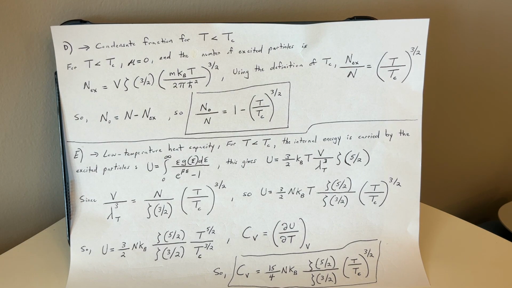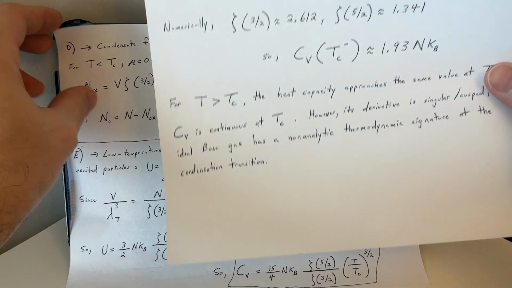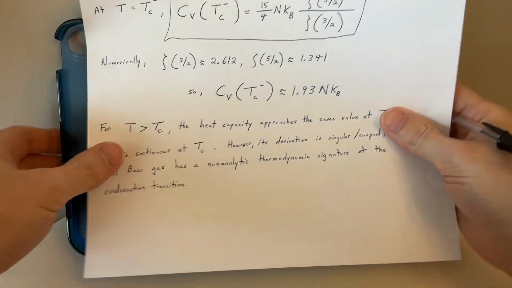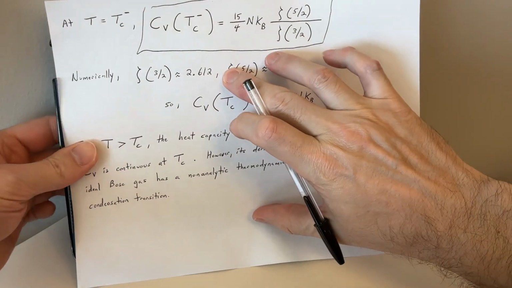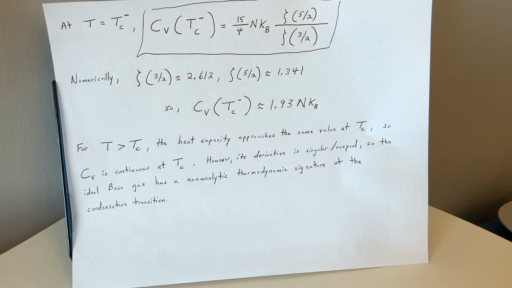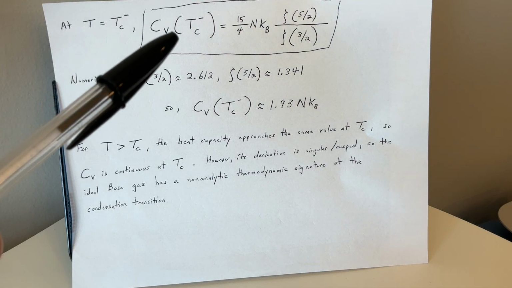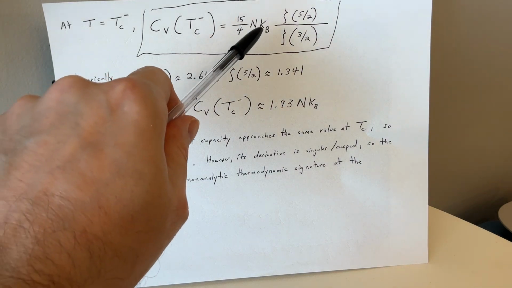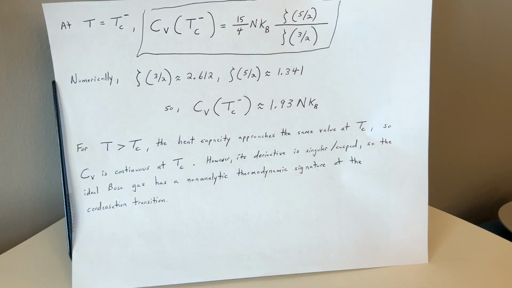Okay, so building on that, at T equals T_C from below, C_V of T_C minus equals 15/4 N k_B zeta 5/2 over zeta 3/2.